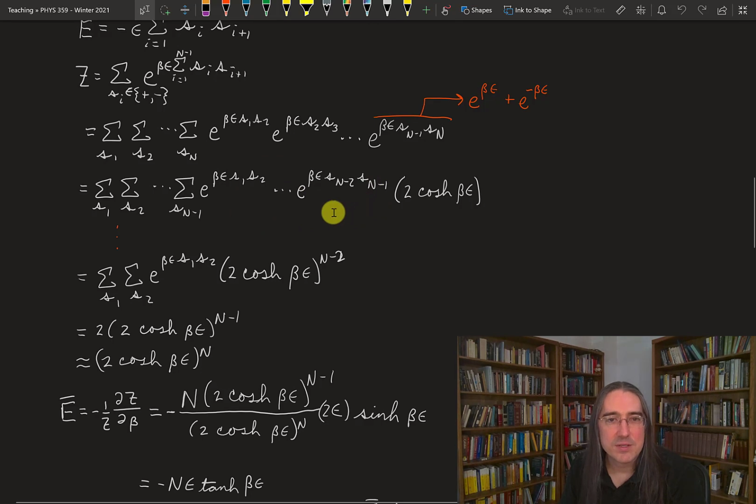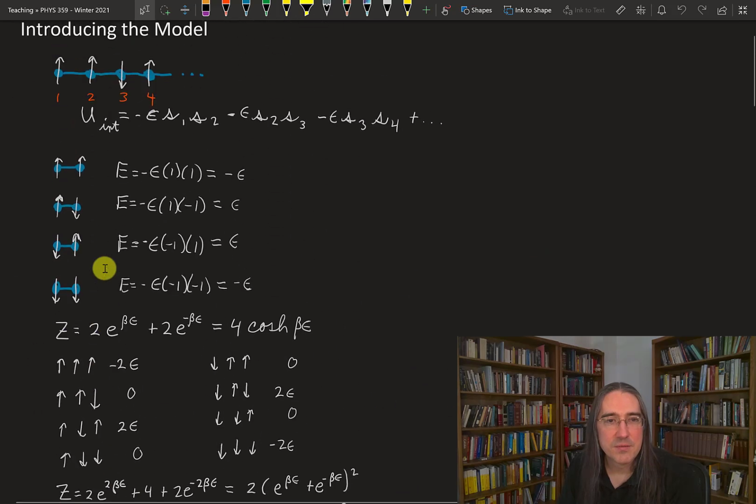Well, you can see the pattern. We can just do this until we're running out of spins. This term will get replaced by a 2 cosh beta epsilon. So we'll have 2 cosh beta epsilon squared, and we'll go out to Sn minus 2. Keep working our way back until we're down to just 2 spins left. When we have only 2 spins left, you can come back up here.